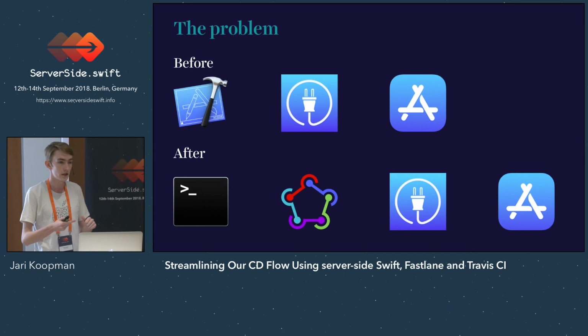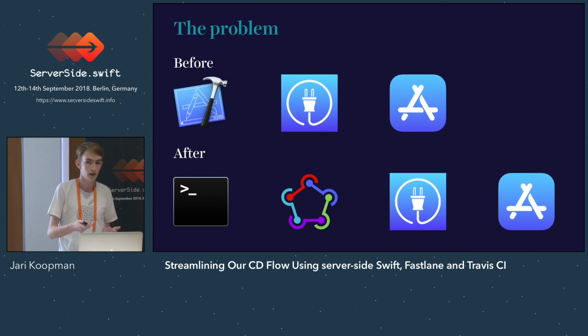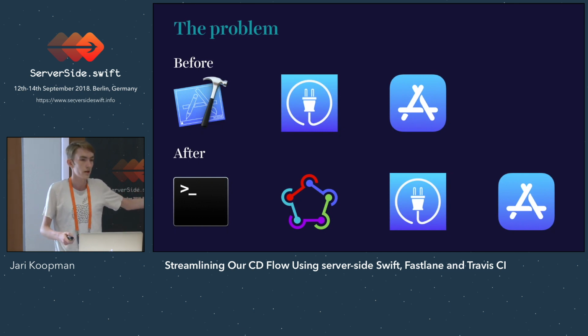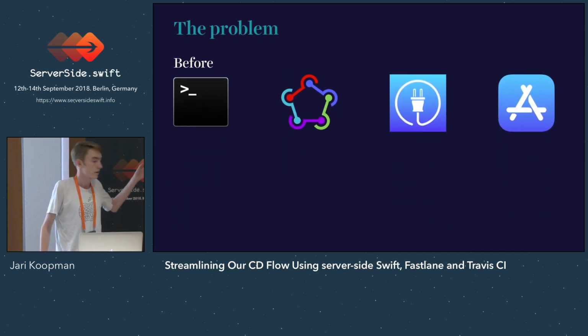So it automates the archiving, automates uploading of the screenshot, and it automates all the other metadata, and some other things as well that, well, you can use, you don't have to use. And then after that, we still had our iTunes Connect, and we had to release it, and then it came onto the App Store.